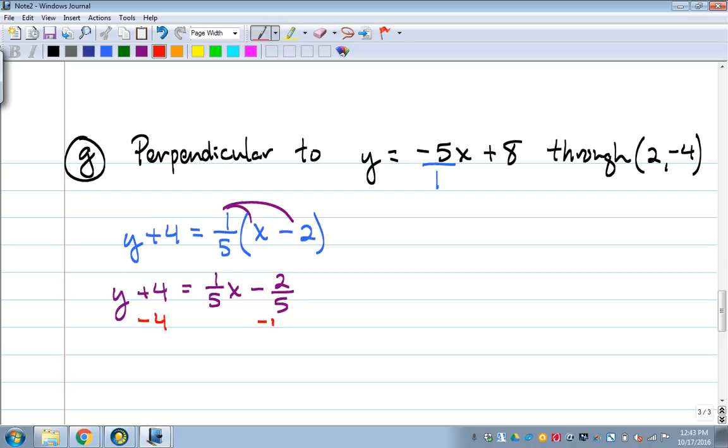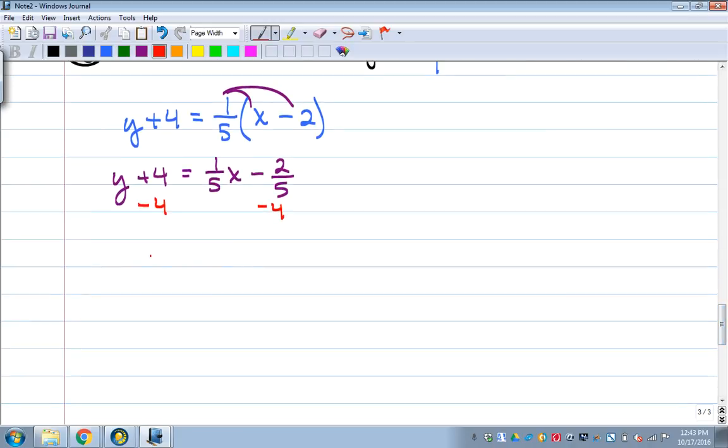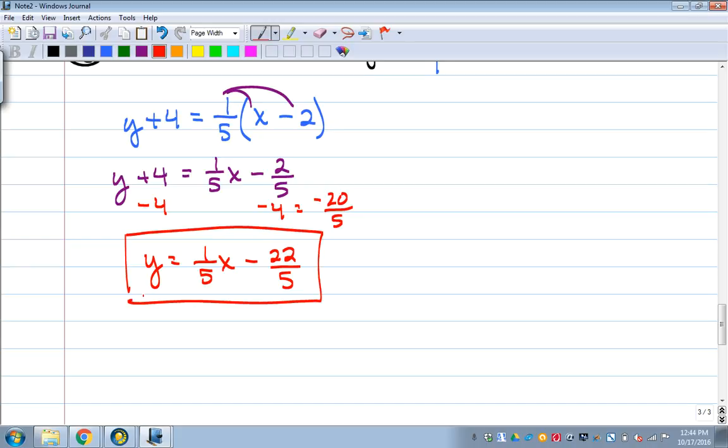Subtract 4. 1/5 x, and that'd be negative 20 over 5. So that'd be negative 22 over 5. I'm just doing the common denominator there, so I didn't have to pull out the calculator to do it.